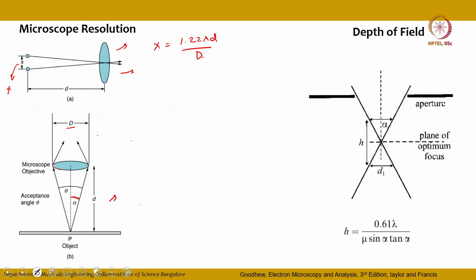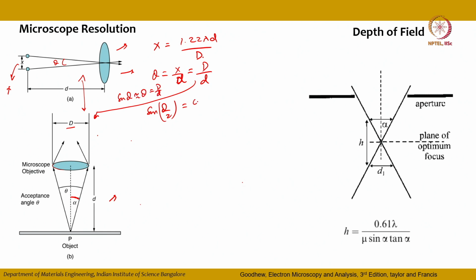Okay, this is your theta. Fine. So now by using these two geometries, you can see that theta is equal to x by D, which, if you compare these two geometries, is equal to d by D. We know that theta by 2 is alpha, and for small angle approximation sin theta equals theta. So theta by 2 equals x by 2D.